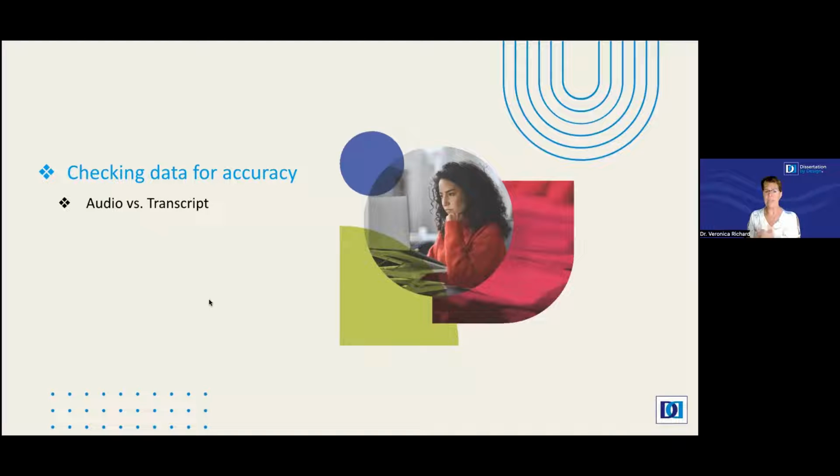The first level of this, if I'm looking at interview data, is checking the audio file with the transcript, so that entails me listening and reading at the same time. While I'm doing this, I need to make sure that the data makes sense. And if I need to insert data, and I'll show you some examples of how I do that, I do that just so that I make sense of it.